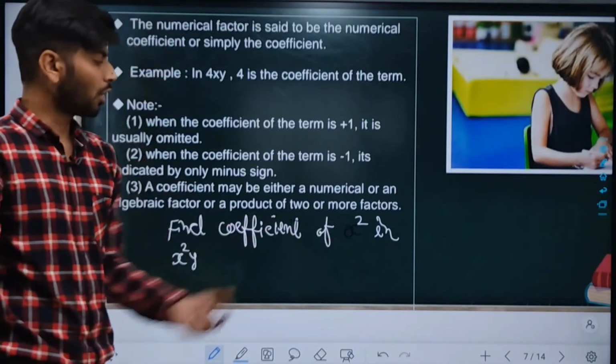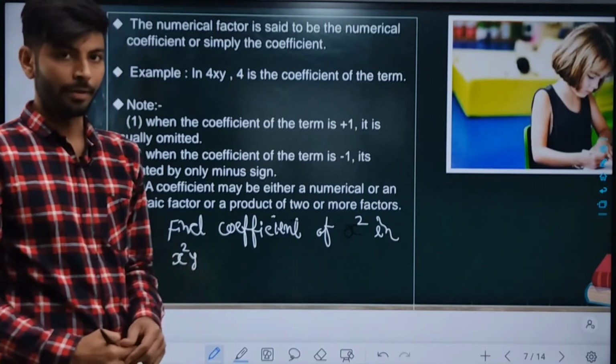Find the coefficient of x square in x square y.